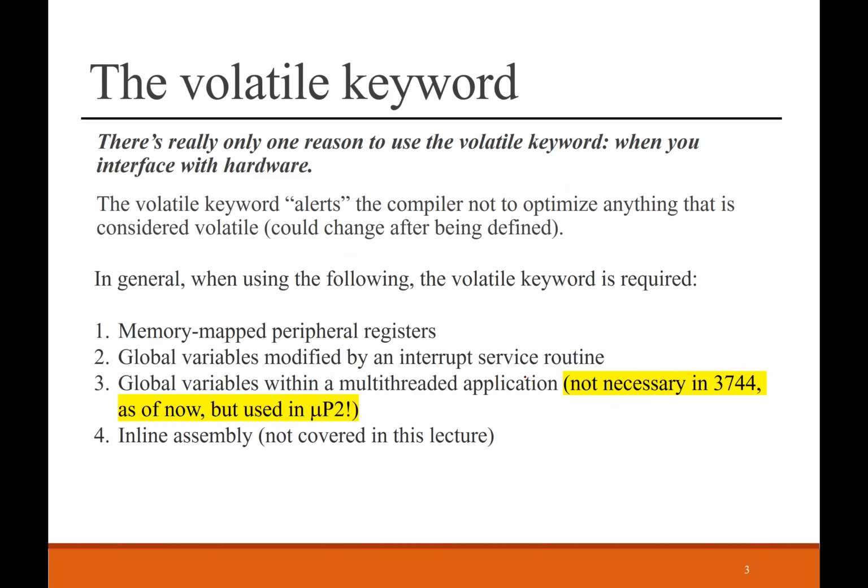Okay, so volatile. We're going to need volatile because the compiler doesn't really understand things happening in configuration registers. It doesn't understand the peripherals. It doesn't understand that when an interrupt happens, it can change values somewhere.